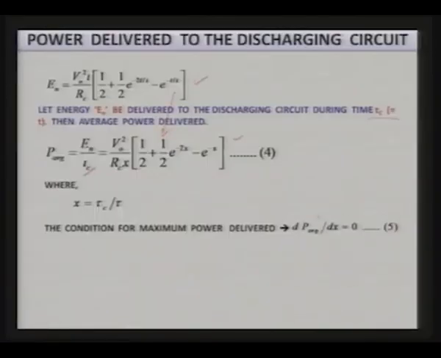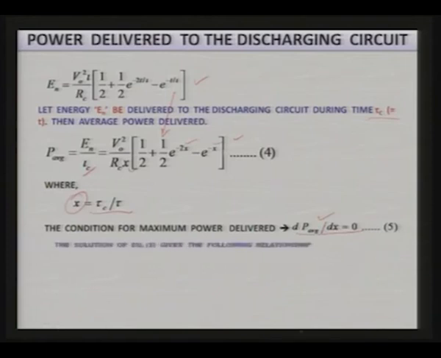So, the condition that should be satisfied for maximum power delivery is d p average over d x equal to 0, because x is the variable over here, and you can find x here and here also.